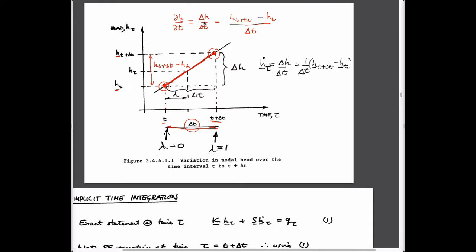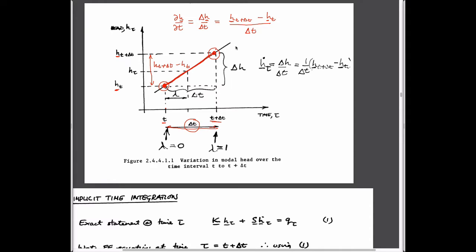This could be a vector, this could be a vector, and this could be as well. This would be just subtracting two vectors from each other. And these would be the nodal values of heads. So heads at nodes 1, 2, 3, 4, 5. If we have three node elements, there'd be heads at nodes 1, 2, and 3 at time t, then heads at nodes 1, 2, and 3 at time t plus delta t. There'd be two different vectors that we can just subtract from each other. So that's one way we can think about this.